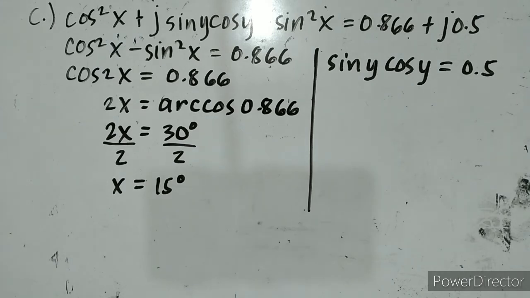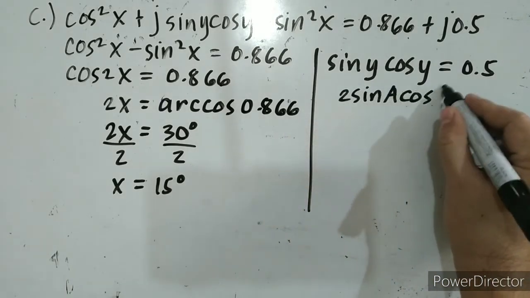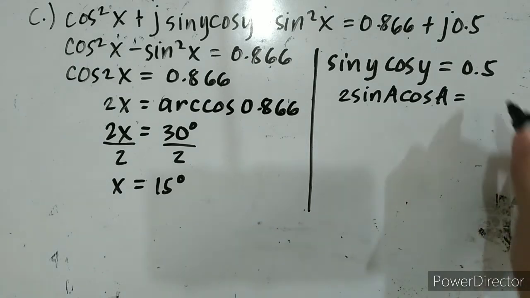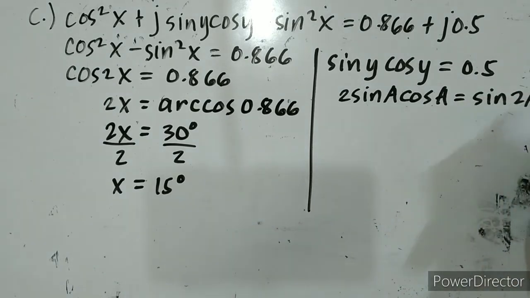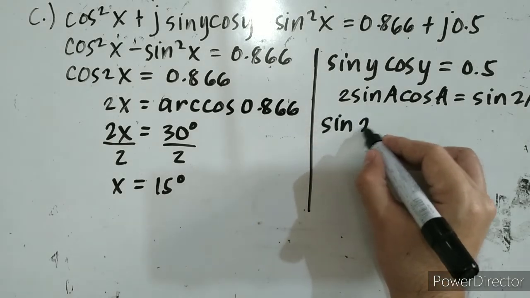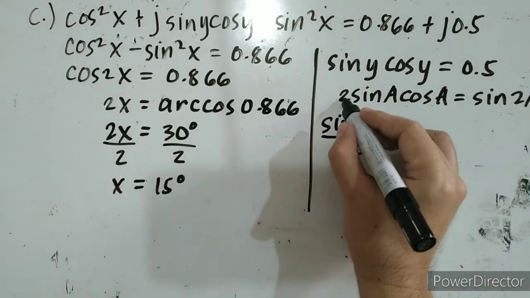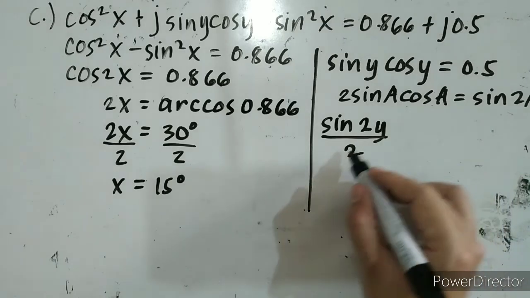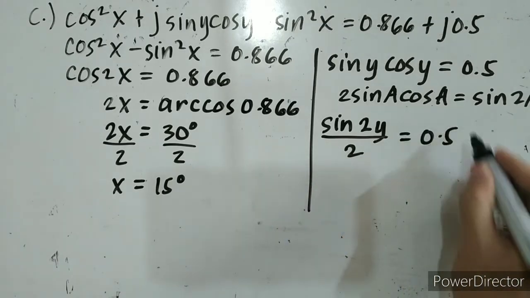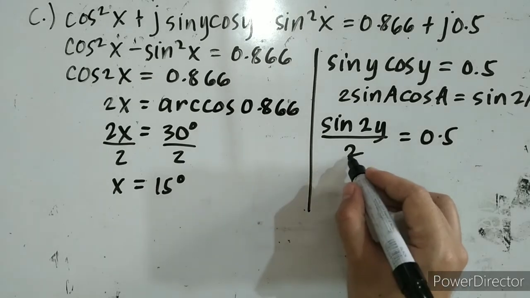If you remember that 2 sine a cosine a is equal to sine of 2a, the double angle of sine. So therefore, sine y cosine y is equal to sine of 2y divided by 2. Since this does not have 2 here, divided by 2 equals 0.5. Multiplying 2 to both sides, we can cancel the 2 here.